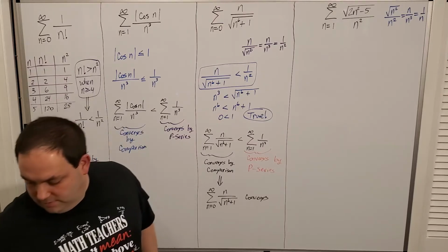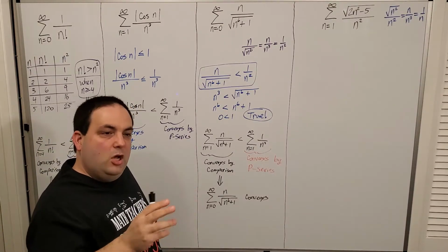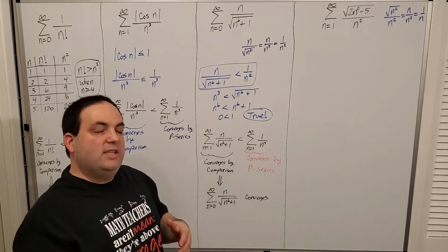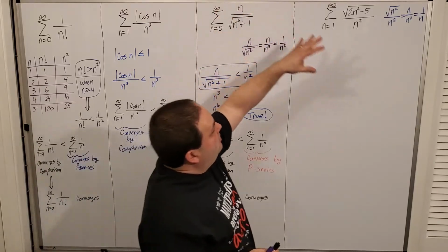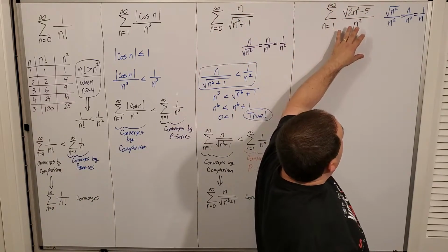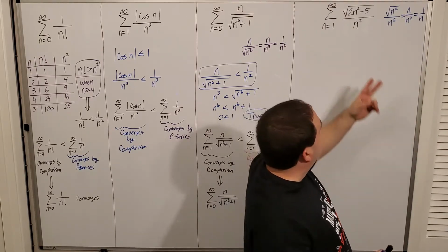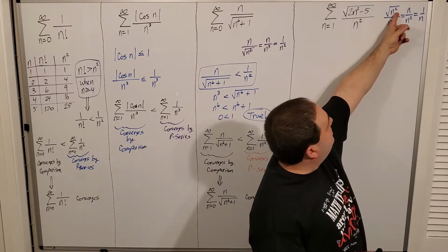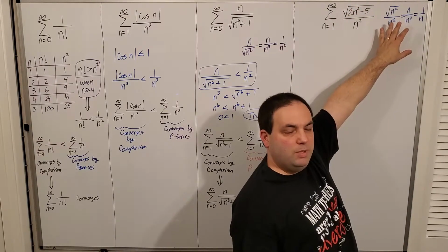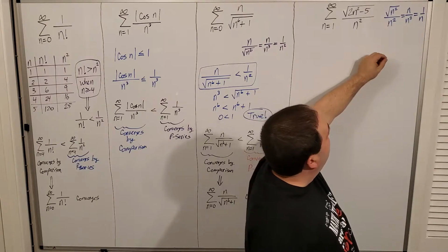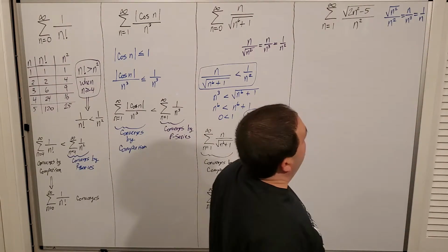Okay, so this is basically just the idea that I can sort of try to compare something to something else that's very similar in size. Okay, even though the square root is a lot more complicated than that, really the size of this thing is coming from the n's. So I'm really just kind of focusing on this. This is what I'm seeing in my head when I'm looking at this. I'm keeping the operations, the big ones, the squares, the square roots, but I'm only keeping the n's, and then I simplify it to 1 over n there.